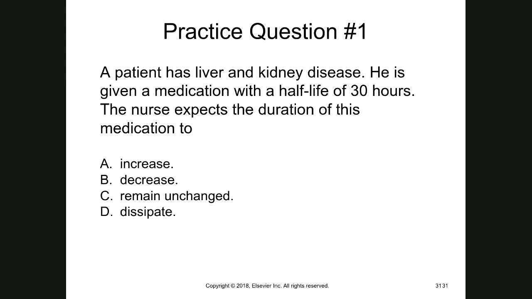I want you to have a practice question here. Patient has a liver kidney disease. He's given a medication with a half-life of 30 hours. And the nurse expects the duration of this medication to be decreased because of the fact they metabolize at a lower rate.